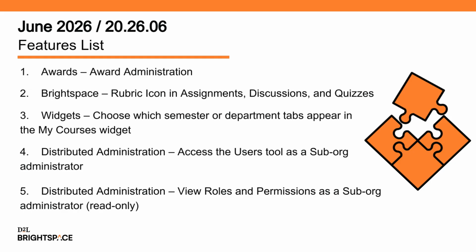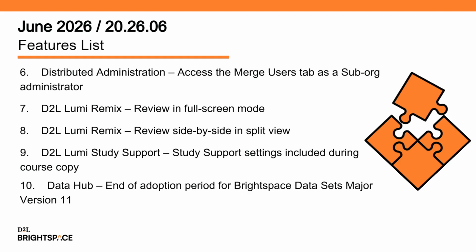Sub-org administrators in distributed administration environments can now access the Users tool and view roles and permissions directly from the sub-org level. Sub-org administrators can now access the Merge Users tab from the Users tool at the sub-org level.